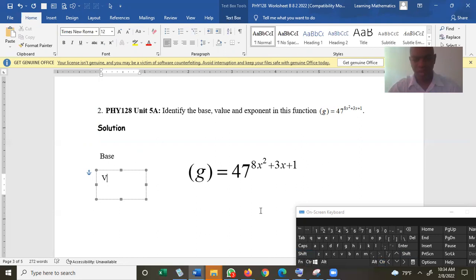So when we talk about the value of a function, it's also equal to the dependent variable. That's what we basically mean by the value, the dependent variable. So these terms are very important.